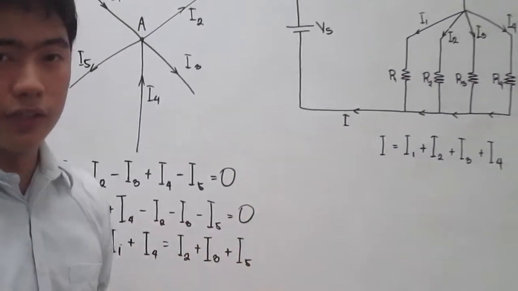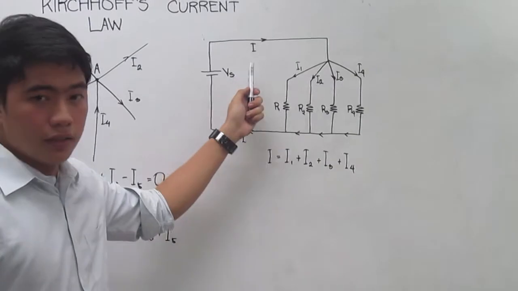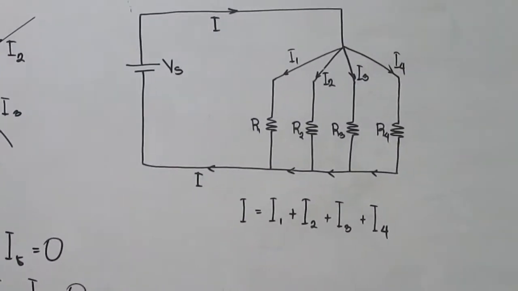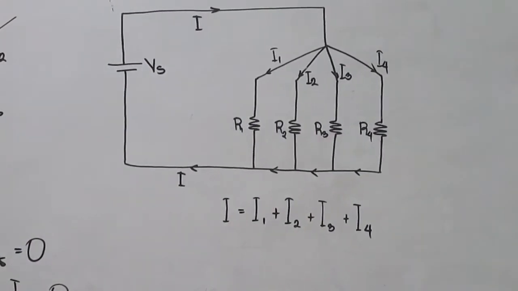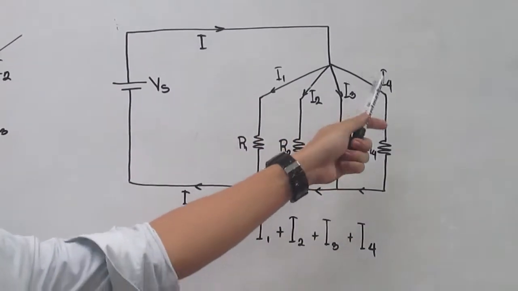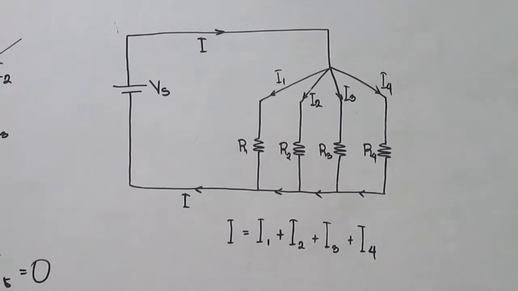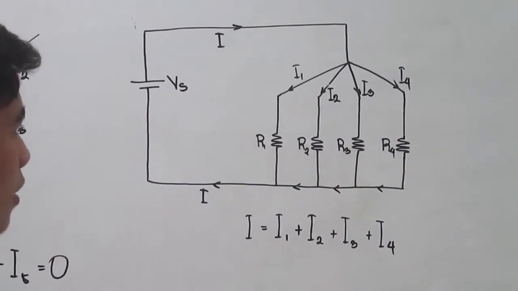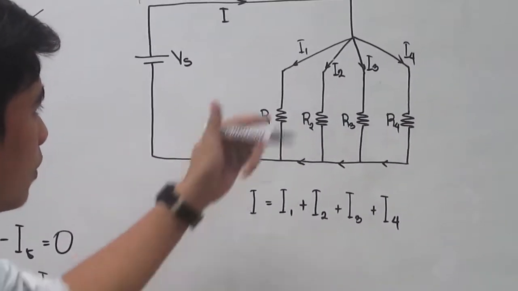Consider the next figure. We have the total current I as our incoming current, and it is equal to the outgoing currents I1, I2, I3, and I4. Then we can generate again an equation using Kirchhoff's current law from this point.